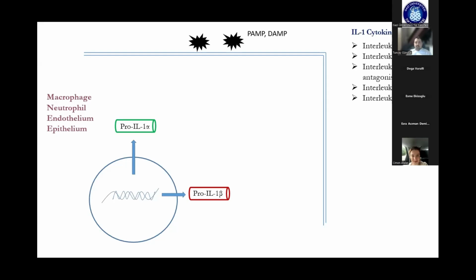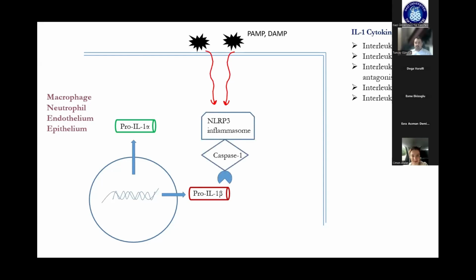Once a pathogen or damage-associated molecular pattern, which are damage signals, arrives at the cellular surface, they trigger a response intracellularly, which involves mainly the NLRP3 inflammasome complex.